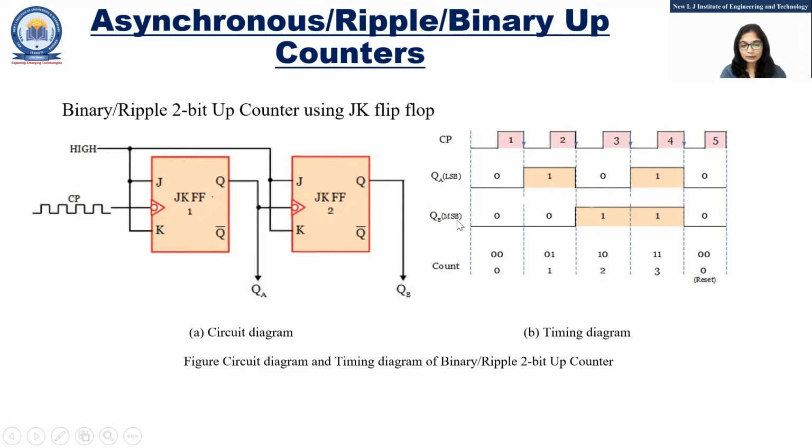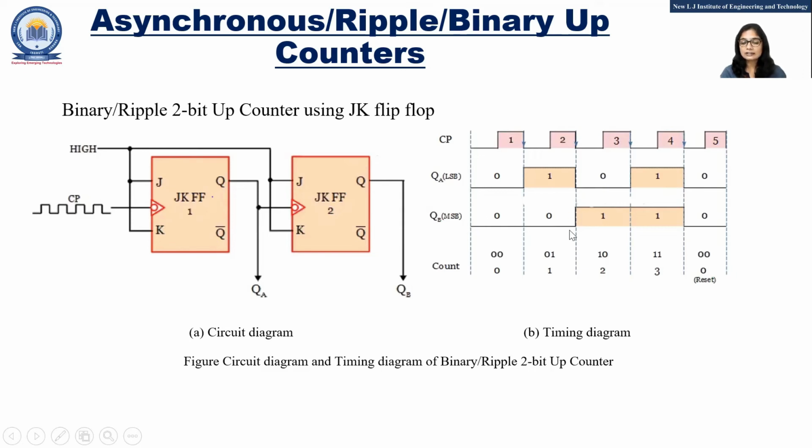Fine. But what about QB? QB will be 0. But I am applying this output to the clock pulse of the next flip-flop. So the negative edge of this output will change the output state of the next flip-flop.